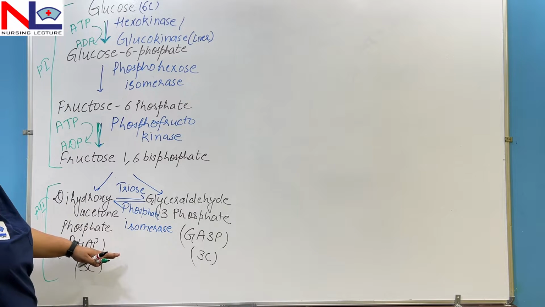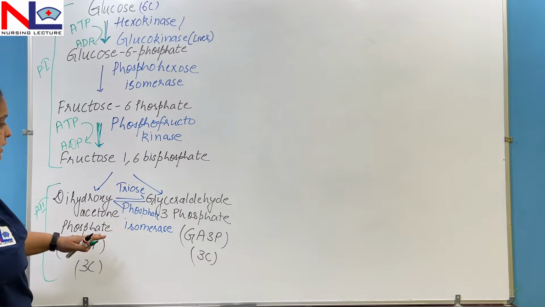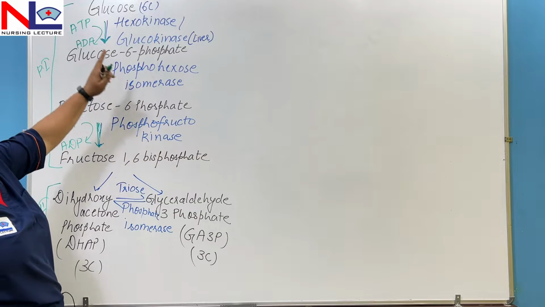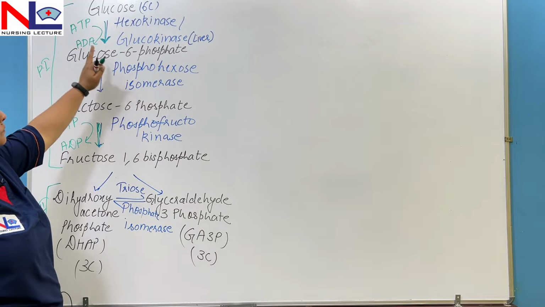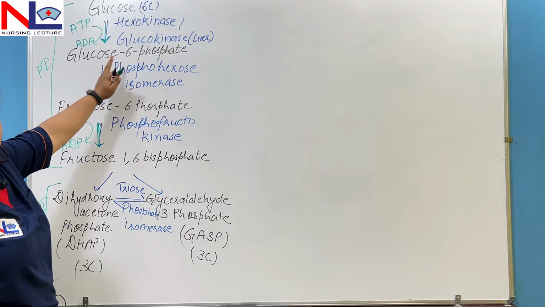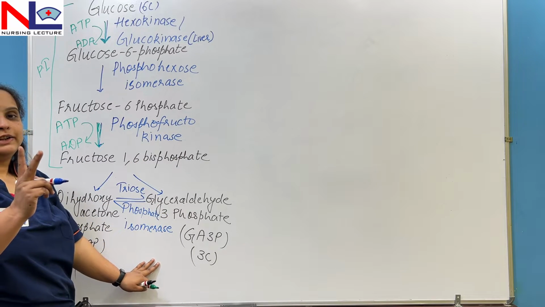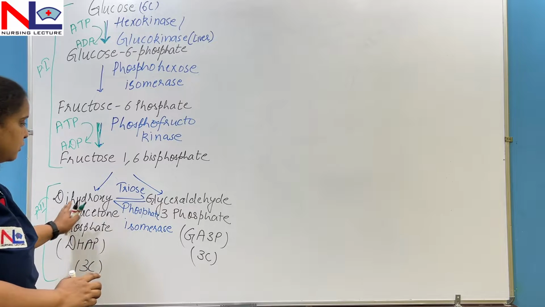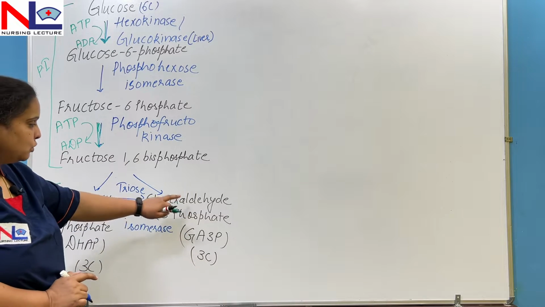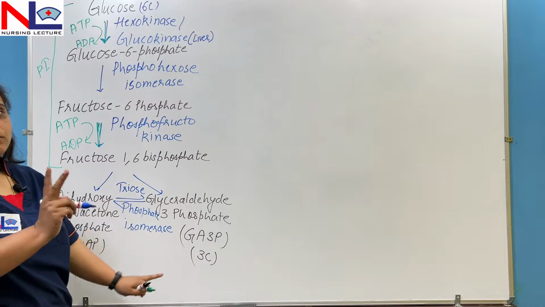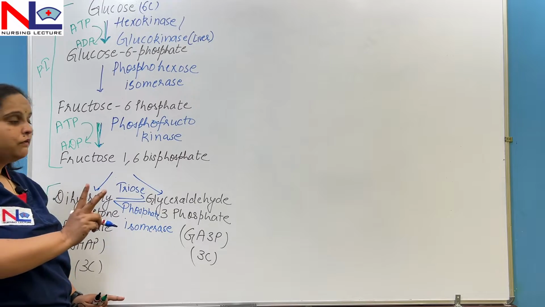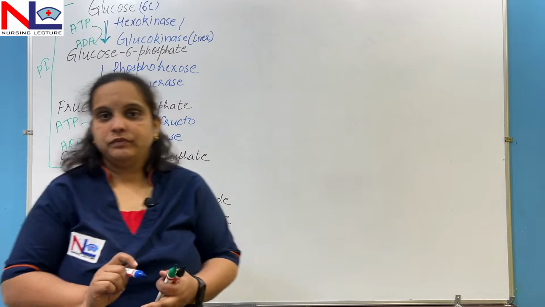So at the end of the second phase, in the glycolysis pathway, one molecule of glucose gives 2 molecules of glyceraldehyde 3-phosphate, because this is also converting into this. So one is this and this is also converting. So at the end there are 2 molecules of glyceraldehyde 3-phosphate.